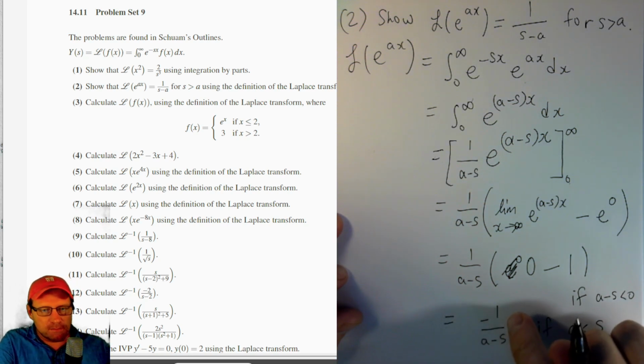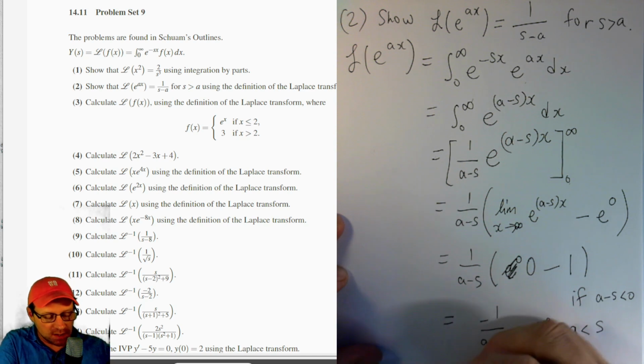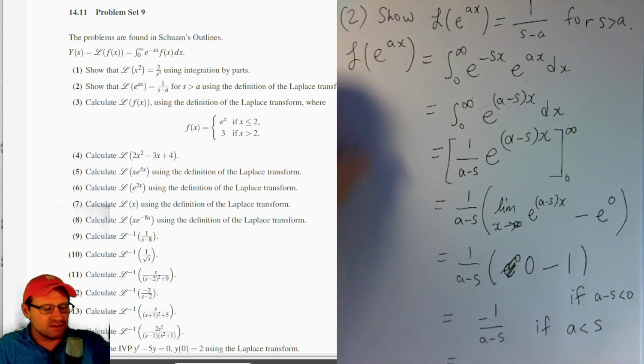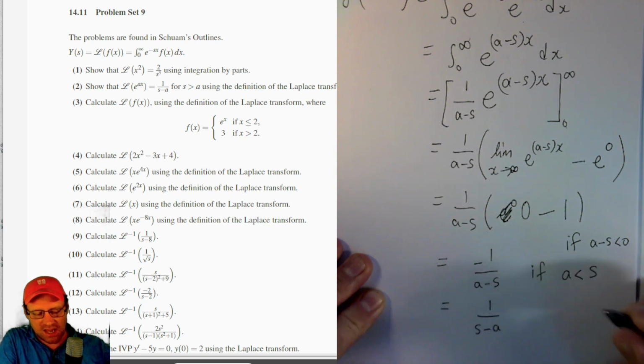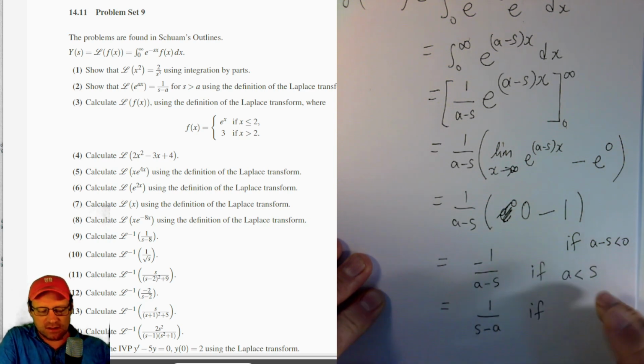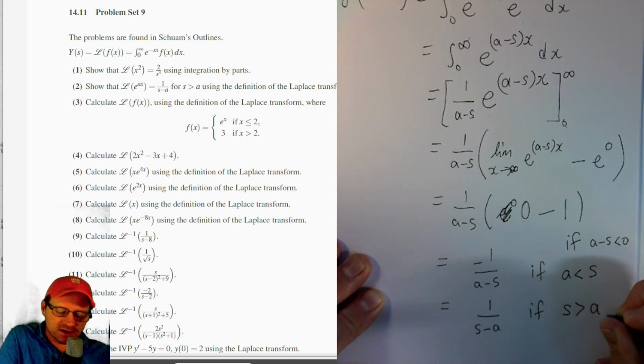Okay, now we can multiply top and bottom of this fraction by minus 1 and say that this is 1 over s minus a if, let's just swap the order of these, but it says the same thing, if s is greater than a.